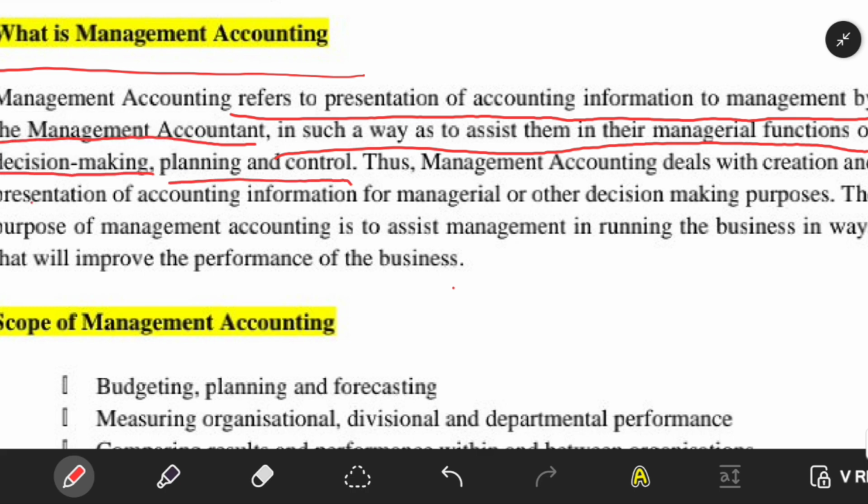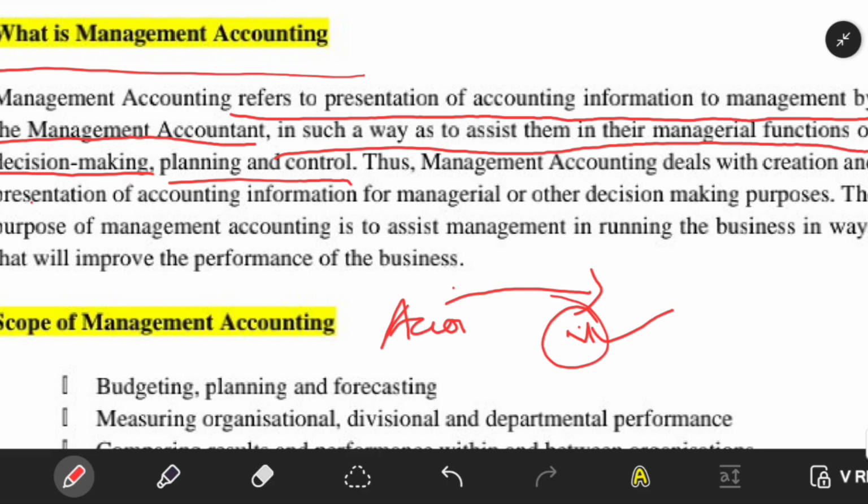That is, management accounting means presenting accounting information to management. Presenting accounting information to whom? To management, in such a way that it helps the managers to take decisions and also helps in planning and controlling.